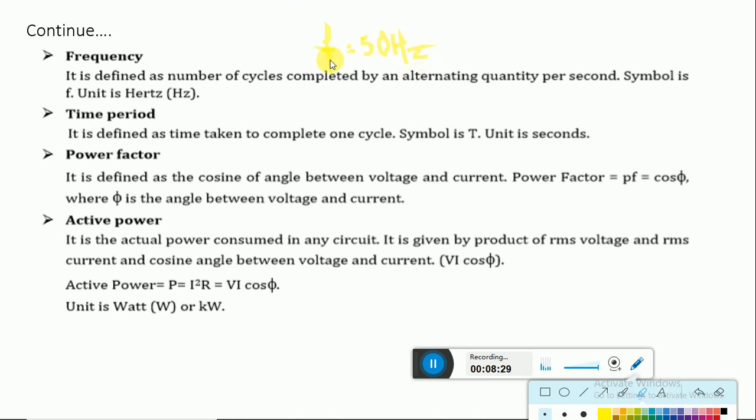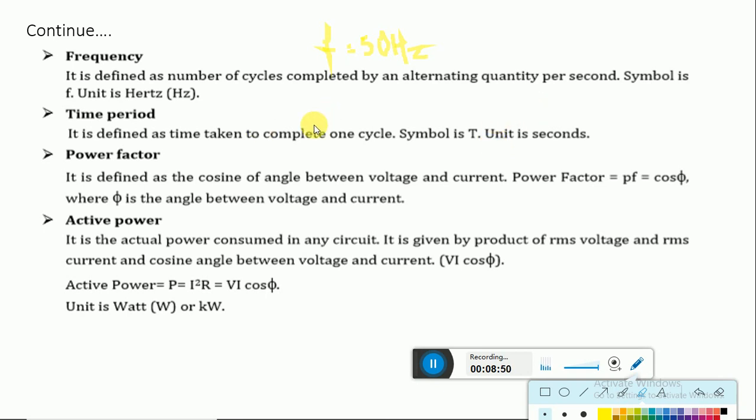Our alternating quantity frequency f is defined as the number of cycles completed by an alternating quantity per second. The symbol is f, in Hertz. Now the time period is defined as the time taken to complete one cycle. The symbol is T and the unit is second.